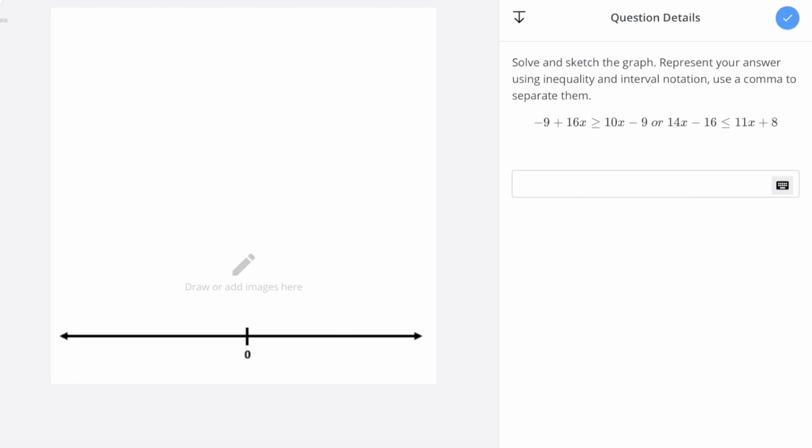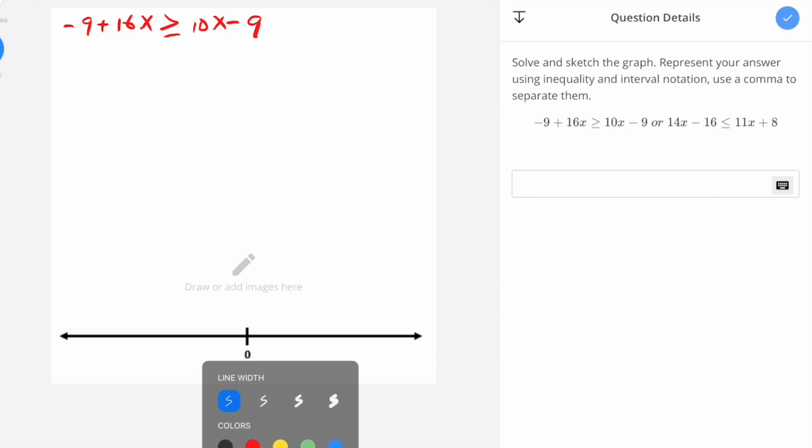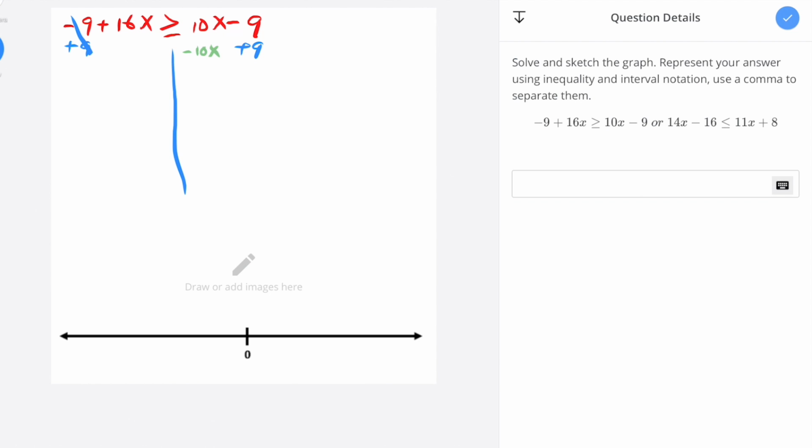Okay, what to do? Plus 9, cross it out. Minus 10x, minus 10x, cross it out. So 6x, 0, which means x is bigger than 0.